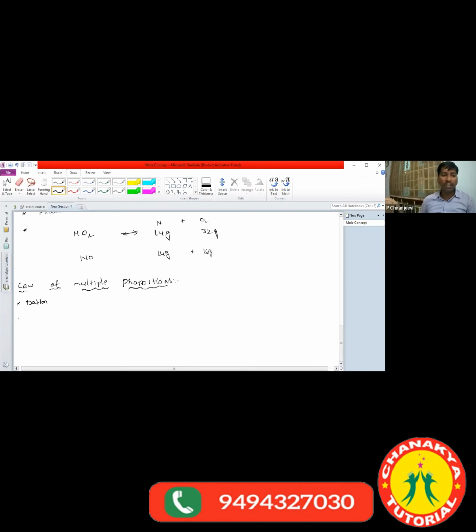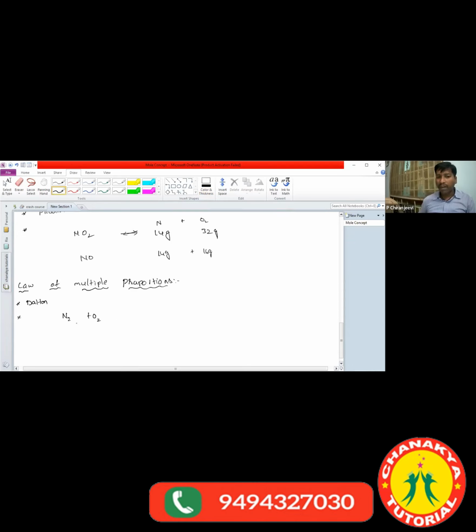So what does multiple proportion mean? Here we are taking two elements. For that, I am explaining clearly with an example. I am taking nitrogen.